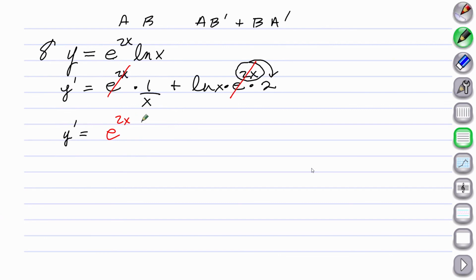That would leave us with 1 over x plus 2 ln x. I think that would be the final answer to this. That's all I would do to it.